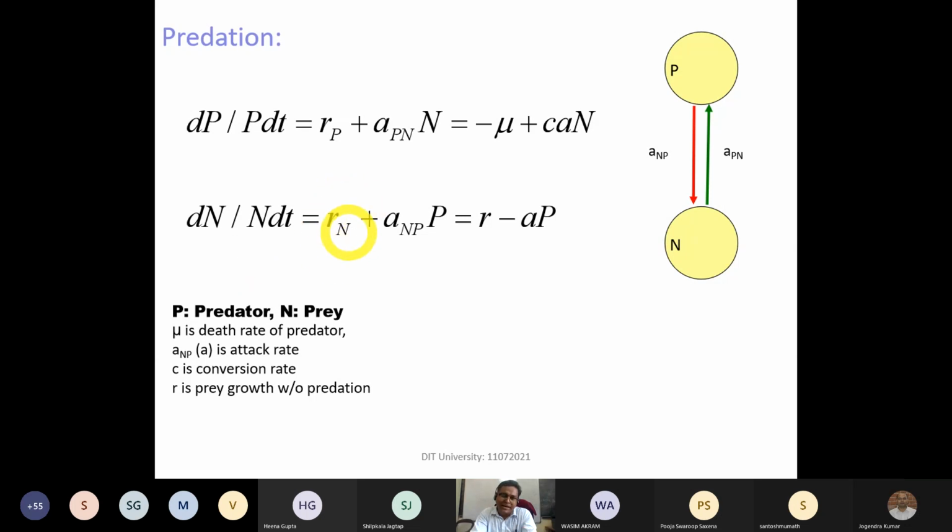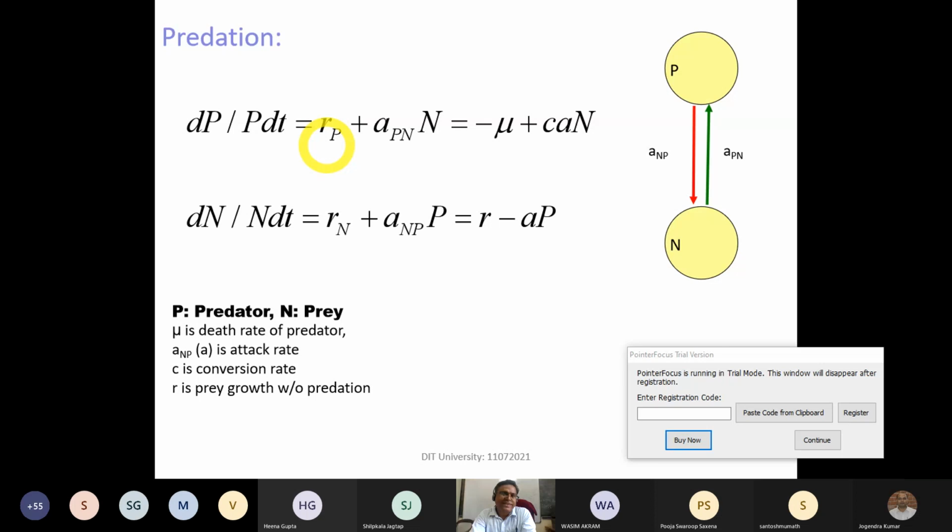Sorry, this is minus one, so please correct it. In the absence of predator, the prey growth per capita is nothing but a constant, let's say Rm.